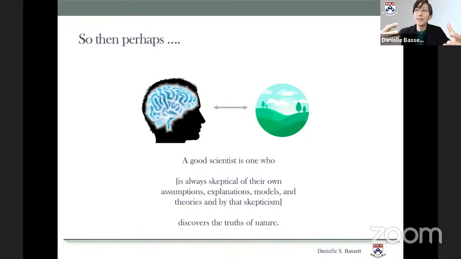So we always need to have an open mind to question every one of our assumptions, to question even the theories that we place out there in the literature in our papers. We always have to be skeptical, and that's the way that we can be more likely to see the truth about nature as we move forward.